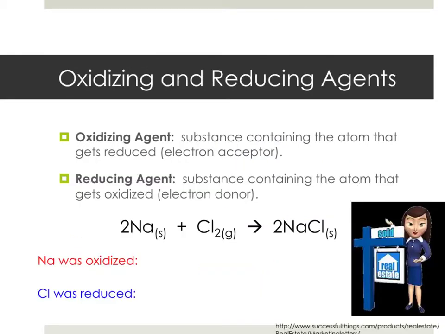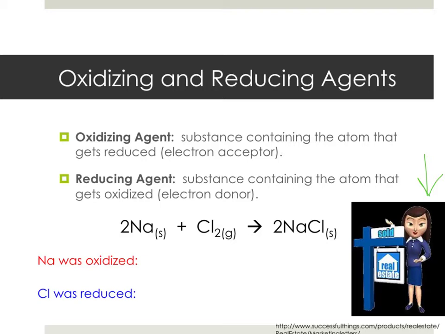Let's look at a bit of additional vocabulary for redox reactions. Often, scientists will refer to the oxidizing agent or the reducing agent. These terms can get a little confusing, but one way to think about it is to consider what a real estate agent does. A real estate agent is the one that causes the house to be sold.